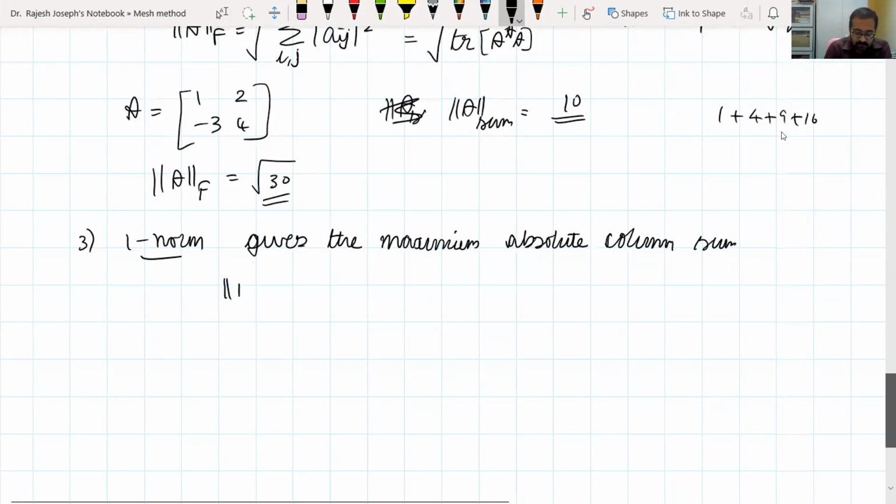That means the norm 1 is nothing but the maximum over j of sigma over i of mod a_ij. Or put simply, we sum the absolute values down each column and take the biggest value.